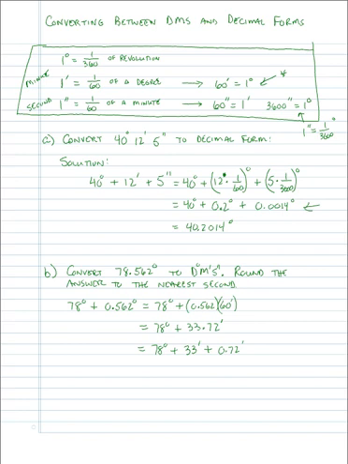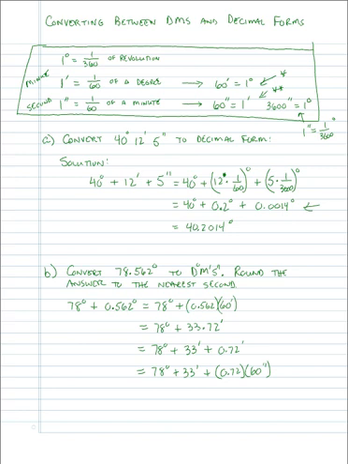Well, for every minute, that's 60 seconds. So here's how we're going to do this. We're going to say 78 degrees plus our 33 minutes. For each one of these minutes, it's 60 seconds. And we've got 0.72 minutes. We're going to multiply that by 60 seconds for each of those minutes.